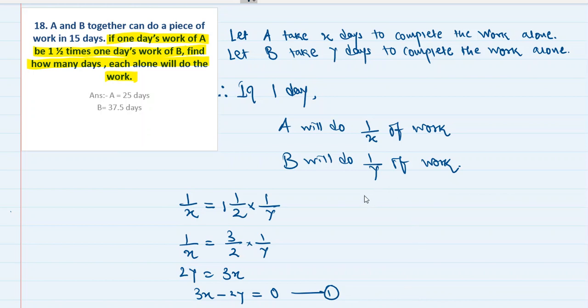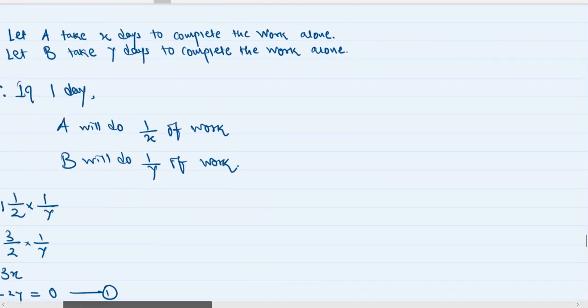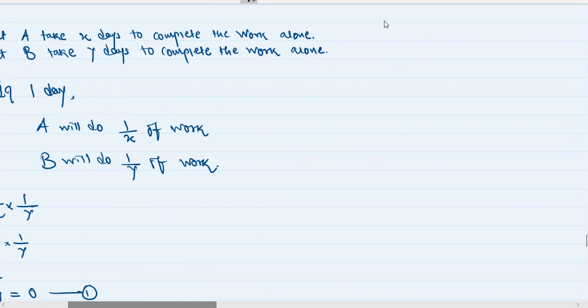What about the second equation? The second equation is from the first statement. A and B together can do a piece of work in 15 days. Let me make some space for making this equation. Okay.